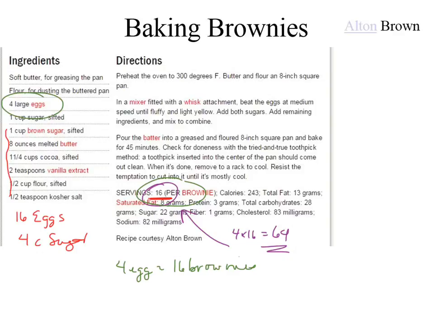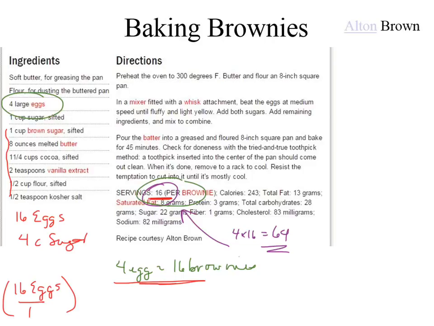Well, you know what we can do with equivalency statements. We can turn them into ratios. So here's how to get to our 64. What if we had 16 eggs? I'm going to put it over 1. And I'm going to take this equivalency statement, because it came from the recipe. It came from a balanced equation, basically. It's the stoichiometry of the recipe.